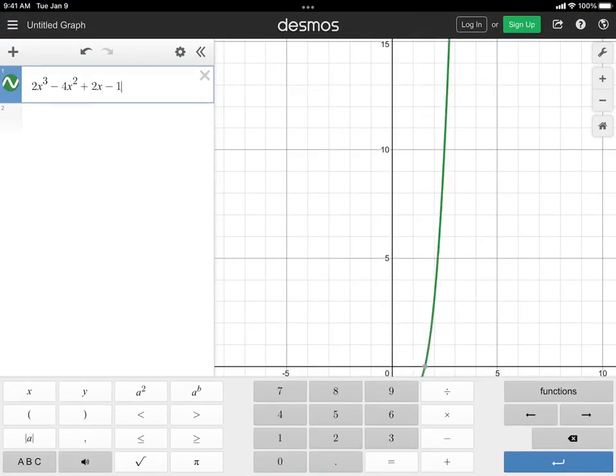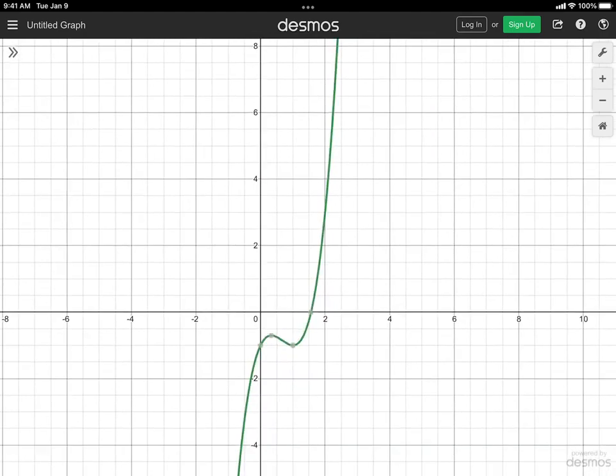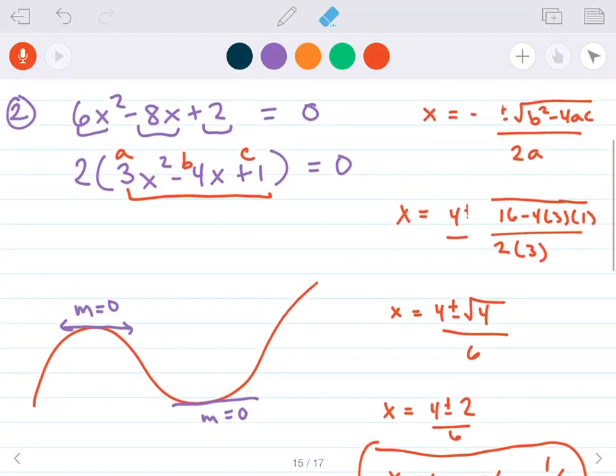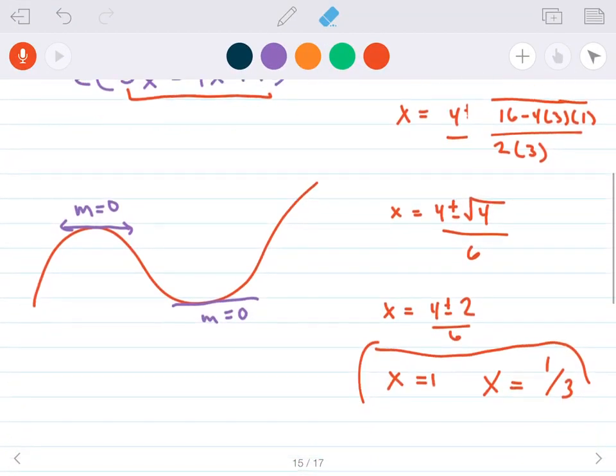All right, so we have this cubic looking guy, and we have a flat part right here at about a third in decimal form, right? And then we have another flat part right here at x equals 1. And so our graph is matching up with our computation, which is good. It's a good thing to get the answer right. Okay, so these are the answers to this problem.